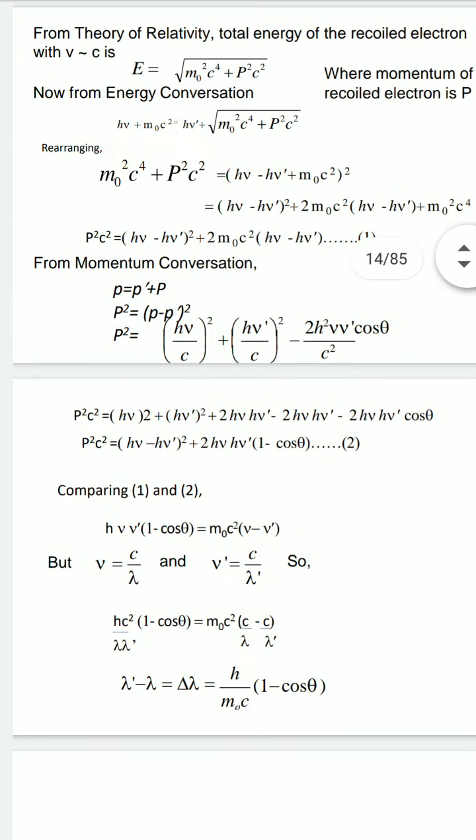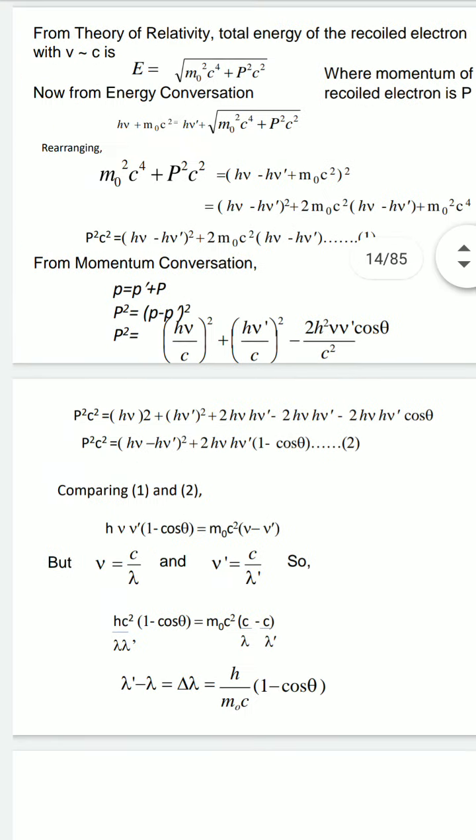Now we have p square c square. This c square we are taking to the left. From the right-hand side, the denominator c square, from all the terms, we are taking it to the left-hand side. So p square c square is equal to h nu square plus h nu dash square plus 2 h nu h nu dash.